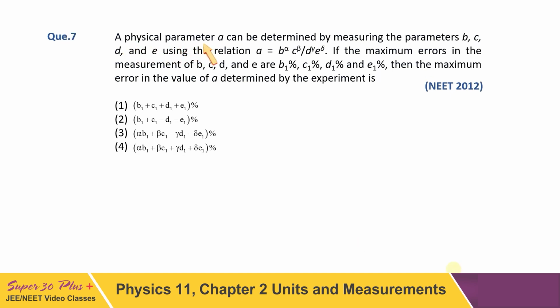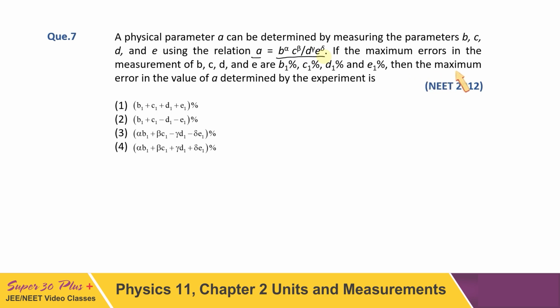A physical parameter A can be determined by measuring the parameters B, C, D and E. Here the physical quantity A is depending on B, C, D and E in the given manner. The percentage errors in measurement of B, C, D and E are provided.